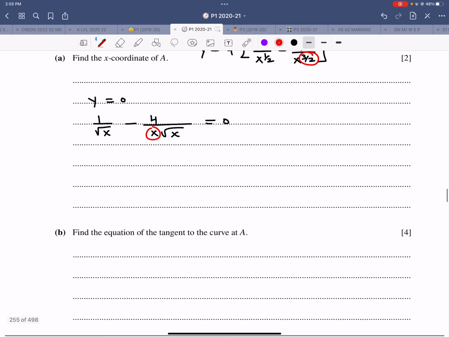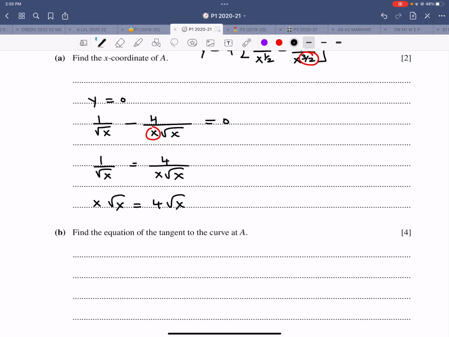Now what? Be very careful. 1 over root x is 4 over x root x. Cross multiply: x root x is 4 root x. Again, I am taking care of something which you should all take care of. That is, do not divide whenever there is a possibility of taking common.